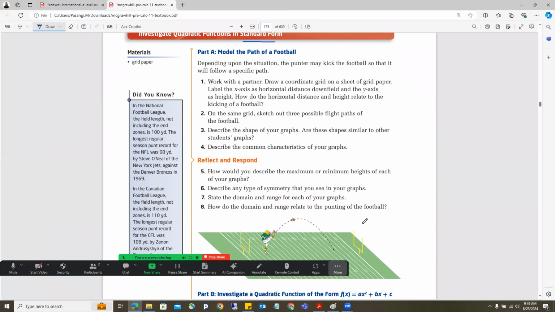If it's the standard form, then that means f of x is equal to ax squared plus bx plus c. This is what we call standard form. Earlier we had the same quadratic equation with the vertex form. Now we are using the same quadratic equation with the standard form.